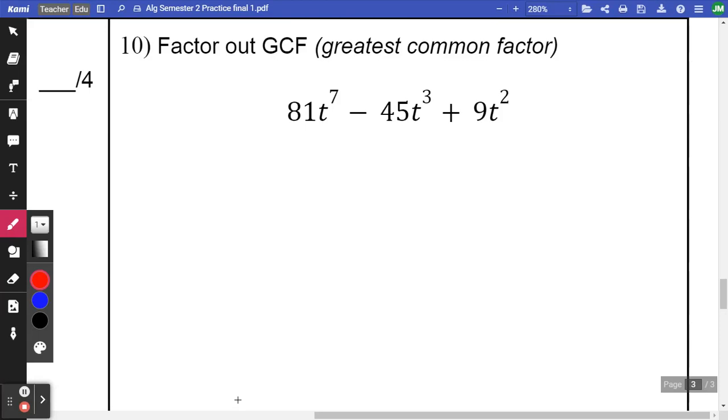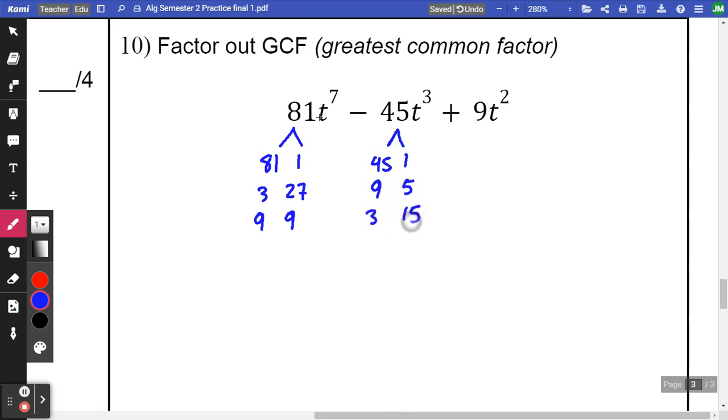All right, number 10, factor out the GCF, the greatest common factor. All right, between all of these numbers, 81, 45, and 9, I noticed that all of these are multiples of 9. So here the factors of 81 include 81, 1, 3 and 27, and 9 times 9. 45, we have 45 and 1, 9 times 5, and 3 times 15.